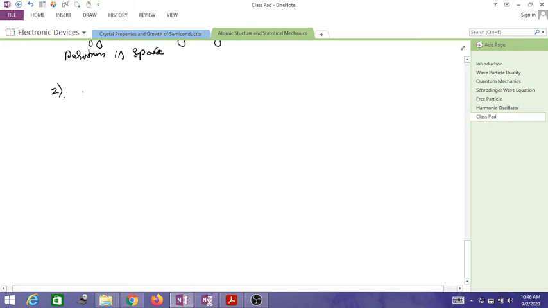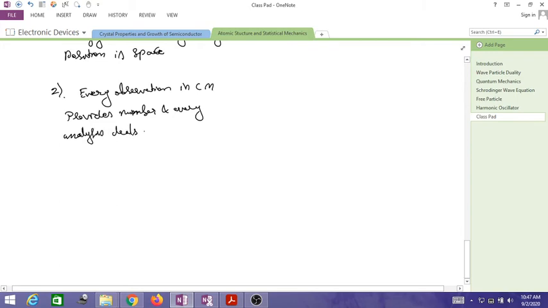It means every observation in classical mechanics, let me write it as CM, provides numbers, and every analysis deals with numbers.